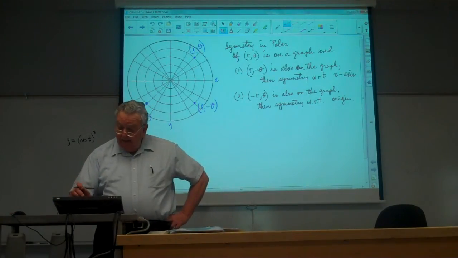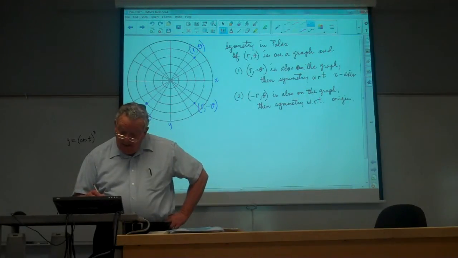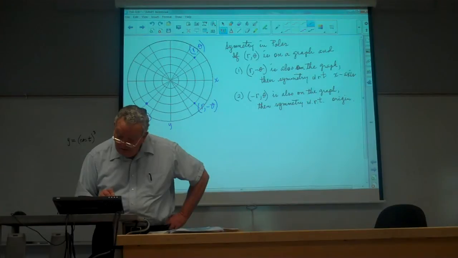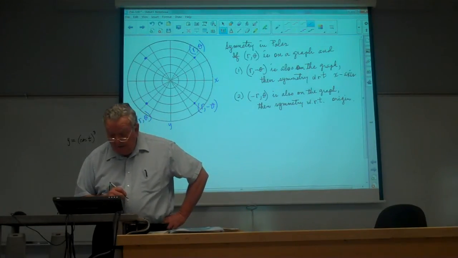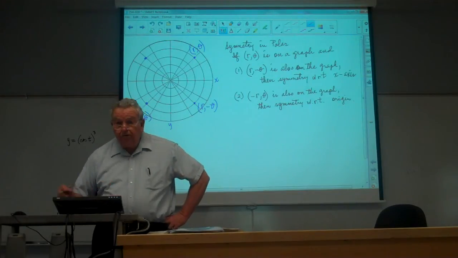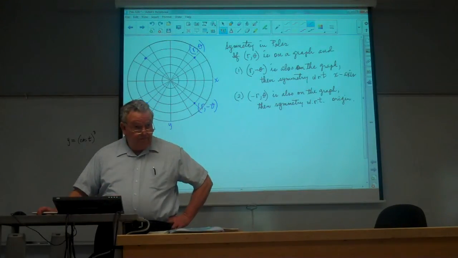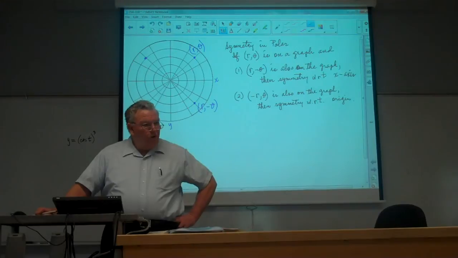If r, theta is on the graph, then this point would also have to be on the graph. Is that right? What are the coordinates of that point?